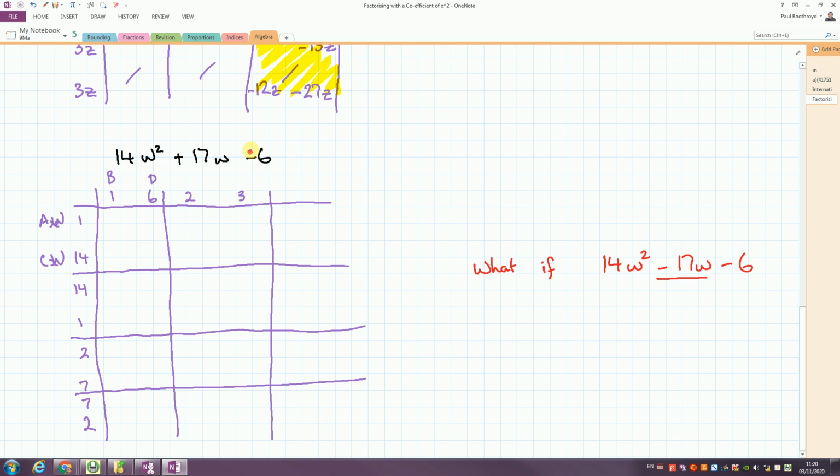What I do need to worry about is the sign here. And that sign says I'm going to do a difference or change one sign, because we want to multiply to get -6. So I normally start with the smaller one if I don't know what's happening.